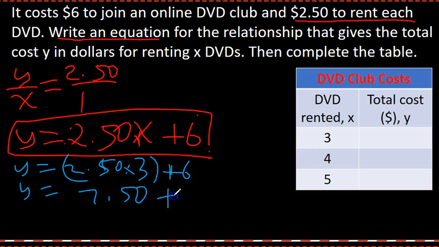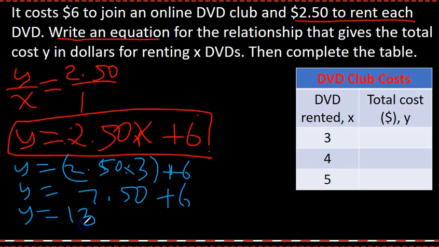And then add 6 to it, we get 13.5. So if you rent 3 DVDs, you're going to pay $13.50. You get that? All right, very good.